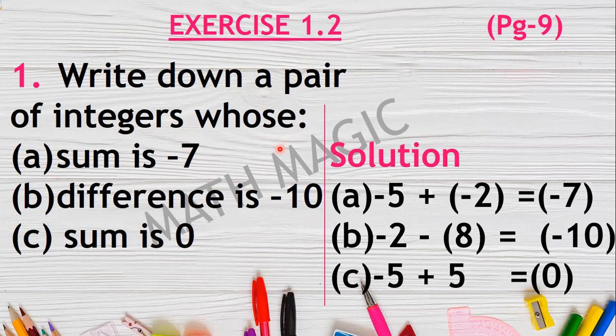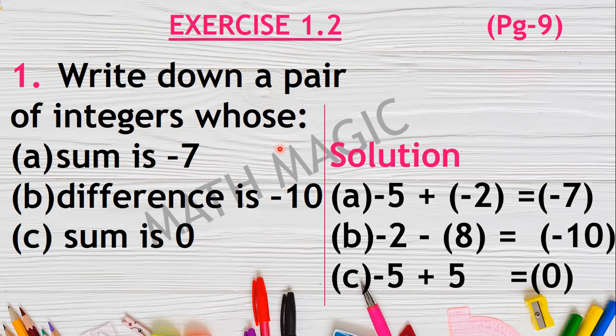C. Sum is 0. When I add a number to another number, I must get 0. Always, when you add a number to its additive inverse, you will get 0.